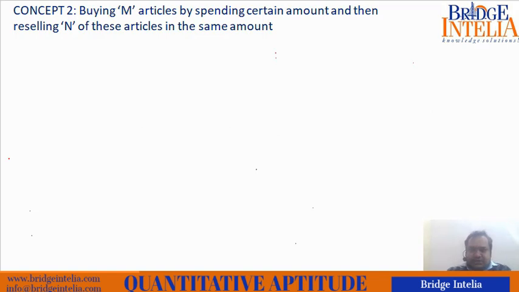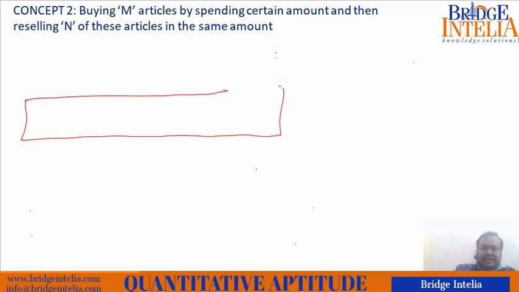Let's see the shortcut. So ultimately what has happened is that he had 10 pence with him. He invested money and then he got 10 pence. What did he do with those 10 pence? Just by selling 8 pence, look at how many pence he sold to recover his money.